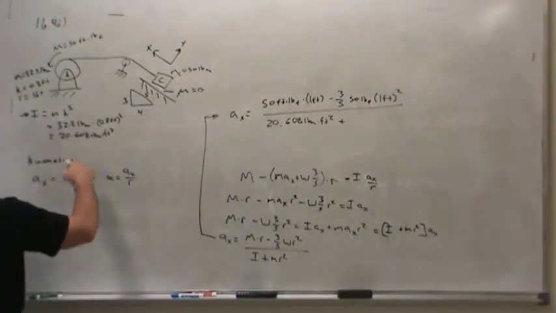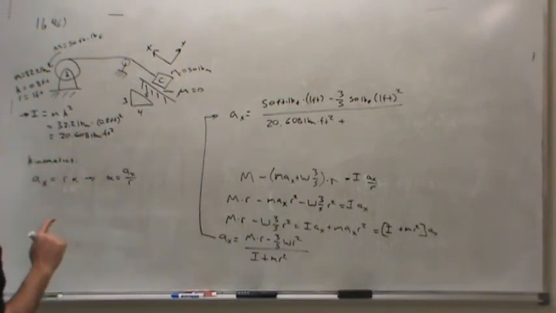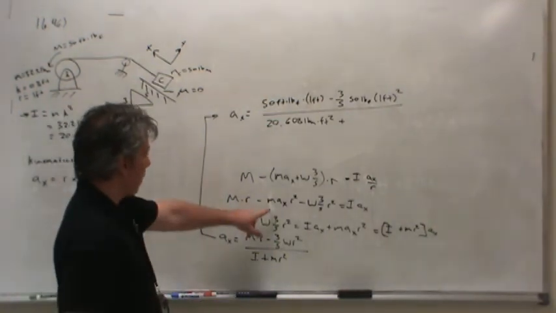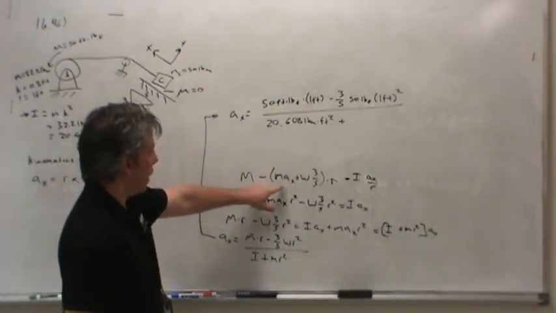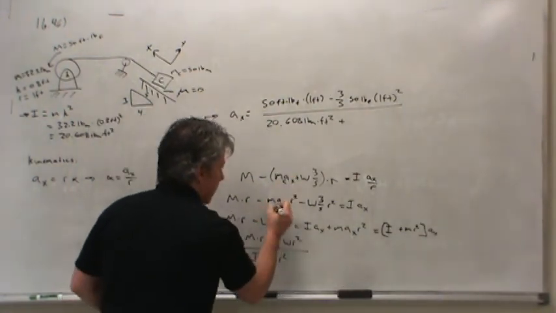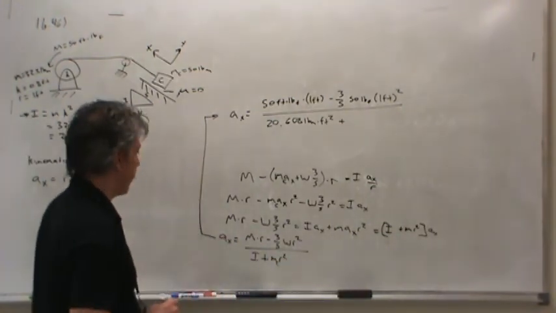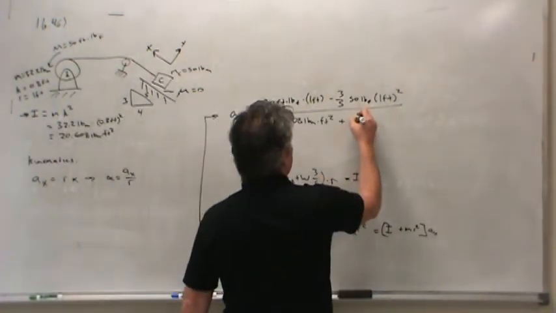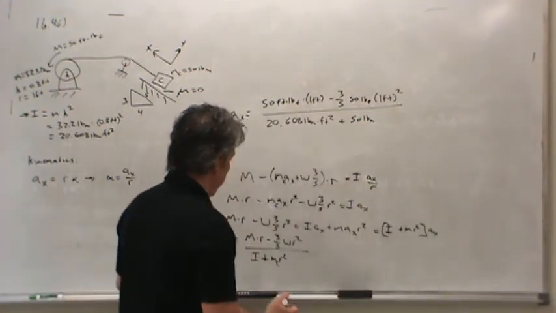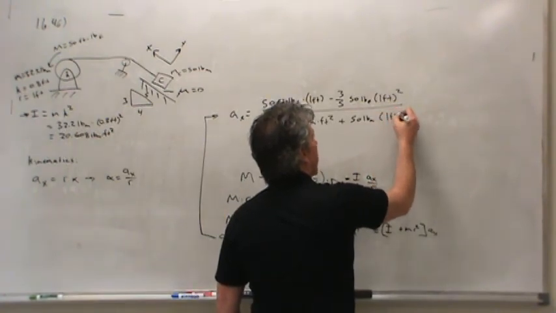Well, that must be the mass, excuse me, I haven't been careful here. That should be the mass of C, because that came from right here, which came from the force balance on the block. So I'm sorry, I should have had mass of C on that term all along to make it clear. So the mass of C is 50 pounds mass, just as that mass weighs 50 pounds force, and then times R squared, so times 1 foot squared.